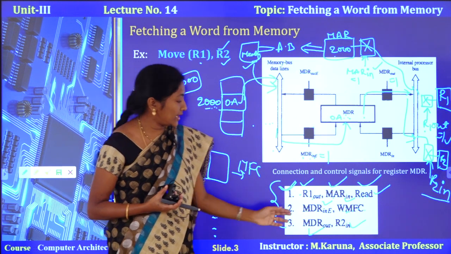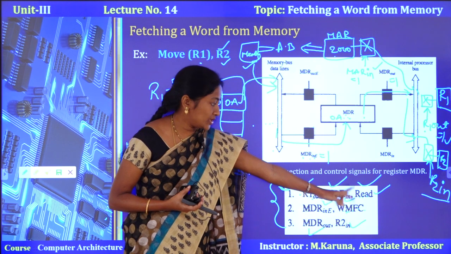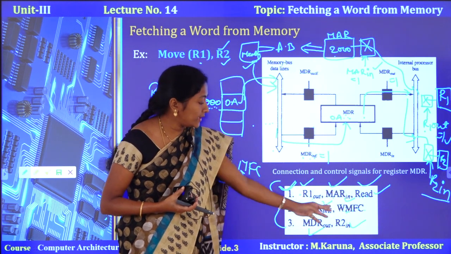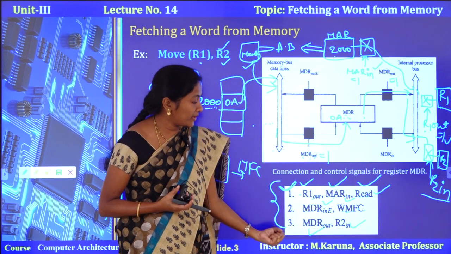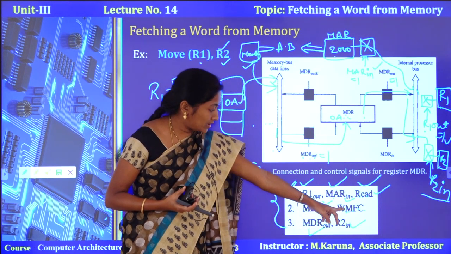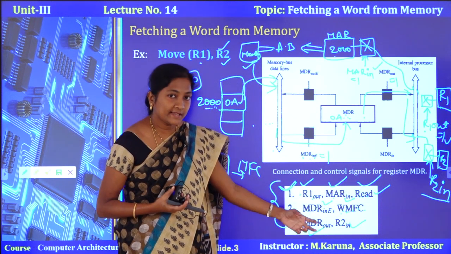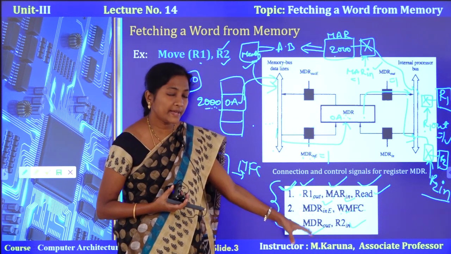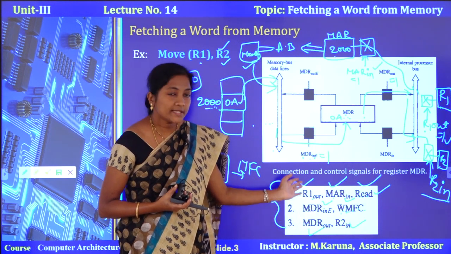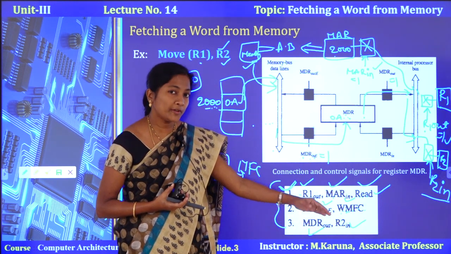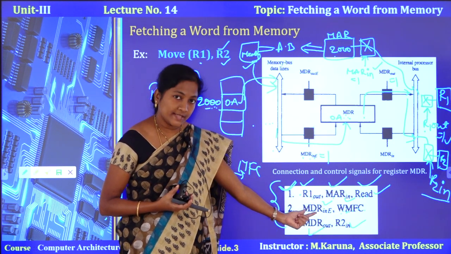Initially R1 out, MAR in and the read signal are issued by the processor, then the processor enters into waiting mode for receiving the memory function complete control signal from the memory. Whenever the memory places the data on the data bus, it sends the memory function complete signal to the processor, then the processor is ready to receive the data from the MDR register.